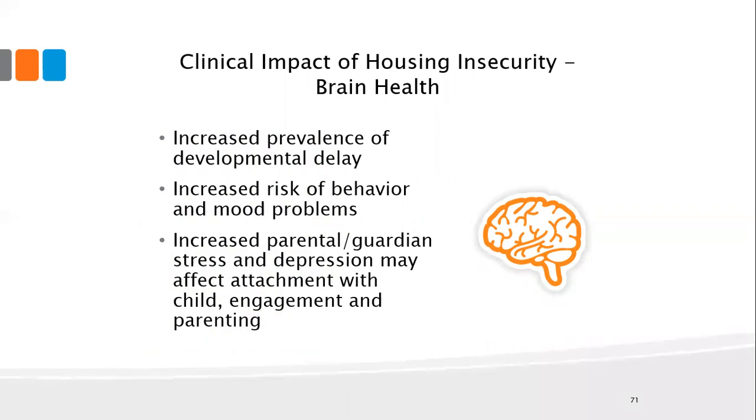Even in preschool children, there's increased prevalence of developmental delay, and in school-age children, homeless children scored lower on both math and reading achievement tests than other low-income students. The mechanisms through which this operates are multifactorial, including factors such as parenting challenges due to stress and increased risk of abuse, exposure to violence, and psychological trauma.